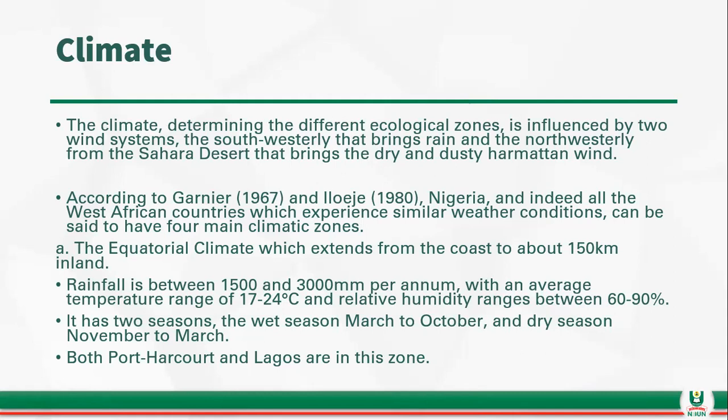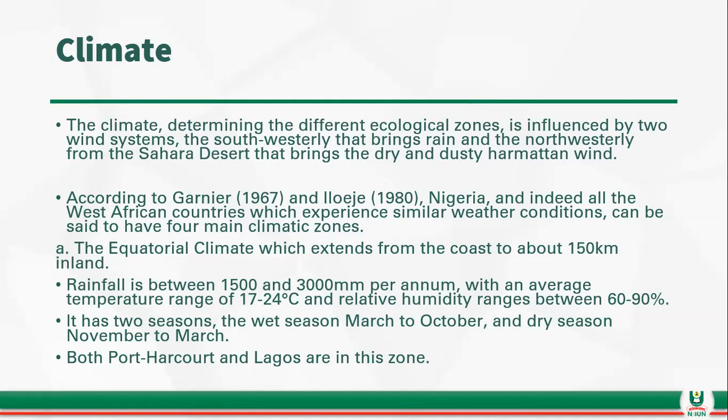Remember that this zone stretches for about 100 kilometers inland from the Atlantic Ocean. And of course, you can see this area because they are also a bit closer to the ocean region. Now you see we have some relatively high rainfall that is experienced in that area.